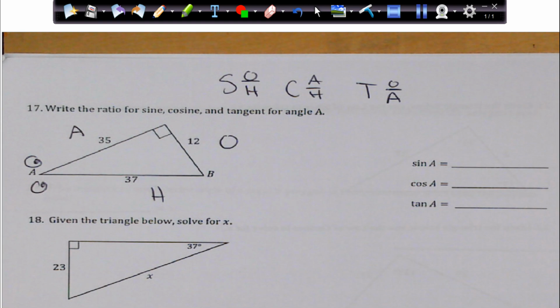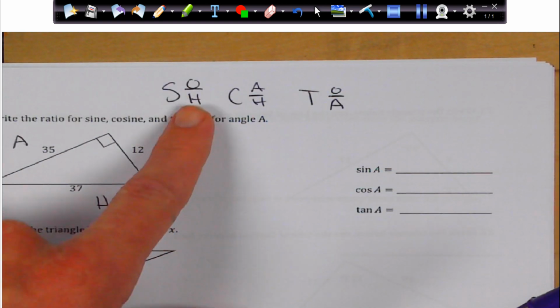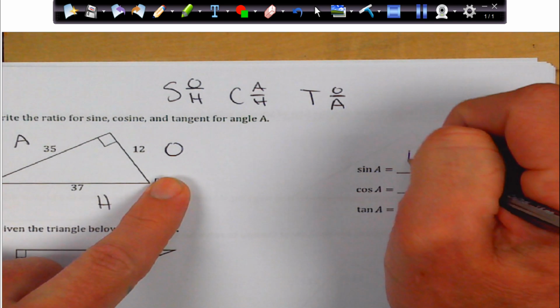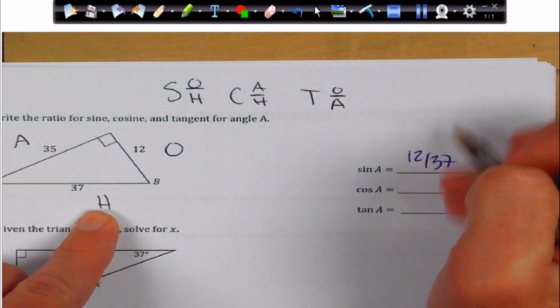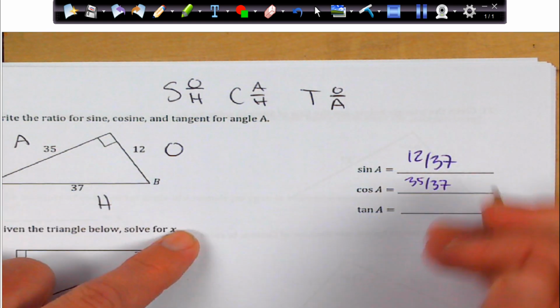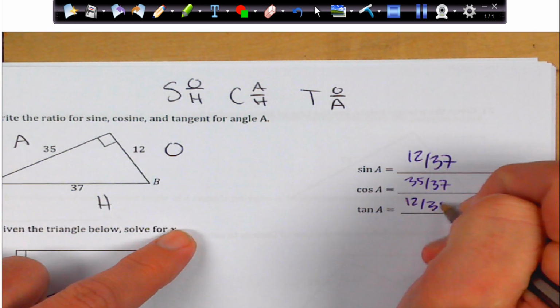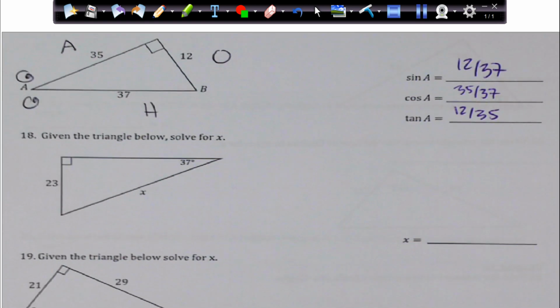So we just have to do our due diligence and our ratio. So O over H, that's just going to be 12 over 37. A over H, 35 over 37. And O over A, 12 over 35. And you're done. But SOHCAHTOA is not done.